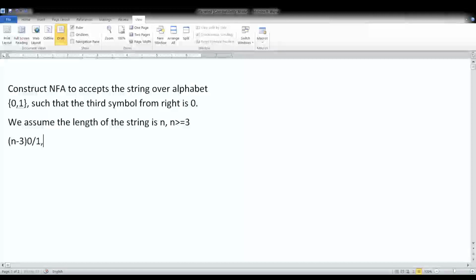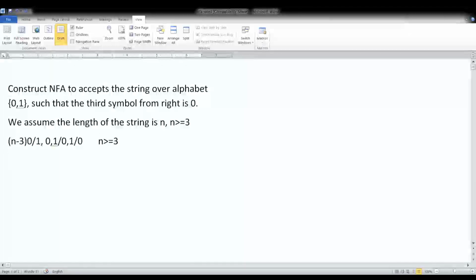But we know the third symbol is 0, so that's why we take this 0, and the last 2 symbols can each be 1 or 0. In short, this is the pattern of the strings accepted by the NFA, and from this pattern it is clear which strings are accepted, where n is greater than or equal to 3.